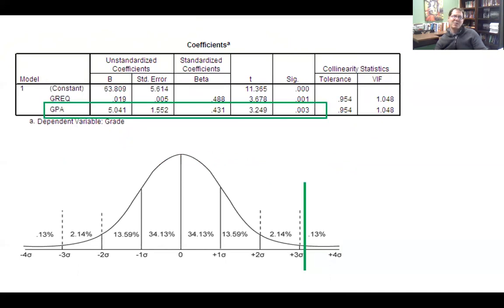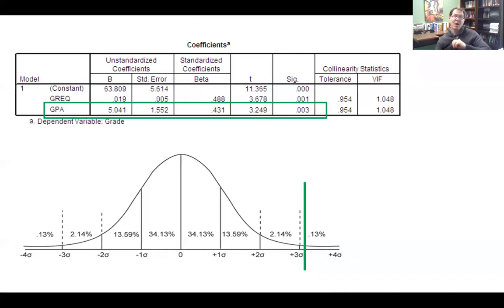The way that we do that is we take our slope value, and so in this case, we'll talk about the GPA row, that slope that goes with GPA, the 5.041. We've got to figure out how that would fit on our sampling distribution. And so there's some math that goes into this, but essentially we convert that slope into what's called a t-statistic, which tells us where our sample falls on the sampling distribution that's centered on 0.